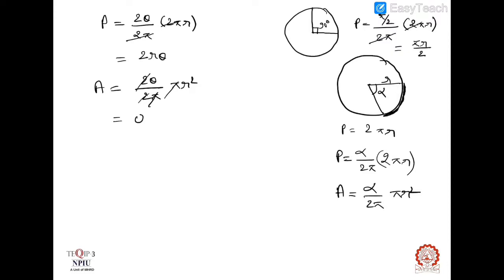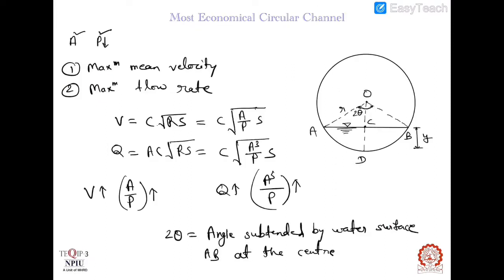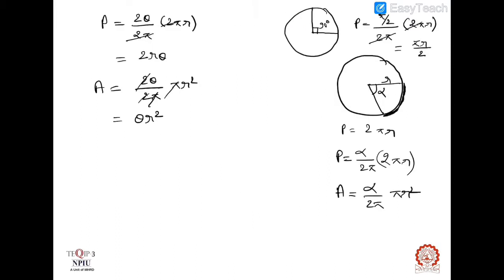So this is theta r square. Remember, this is not the area of flow, this is the area of OADBO.